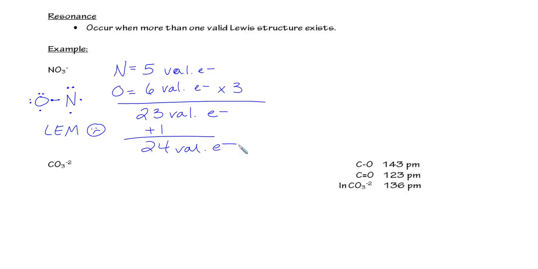So we need to come up with a structure that uses 24 electrons and gives all atoms involved a full octet. Because nitrogen and oxygen are in the 2nd energy level, they have to have an octet. So we're not thinking anything funky here. Okay, so now let's look at it a little bit differently. Let's just try something.